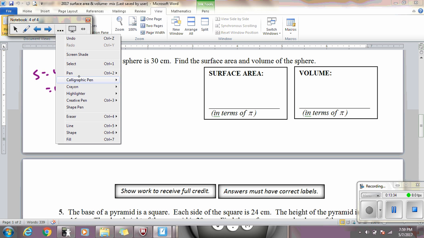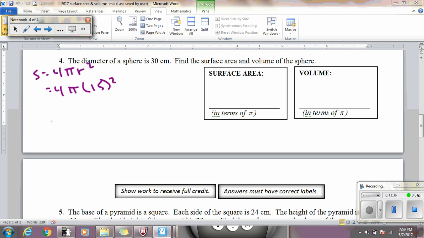And then for the volume, it's 4 over 3 pi radius cubed. So that means it's 4 over 3 pi 15 cubed. So just like I'm showing you how I took the formula straight off the chart and I'm able to write it down, I expect the same thing from you.